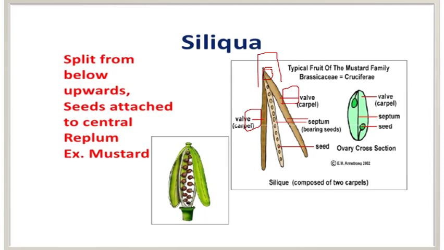So the two walls of the placenta hang freely from the apex of the fruit, and the placenta and the septum are collectively known as the replum. So the replum remains attached to the pedicel.